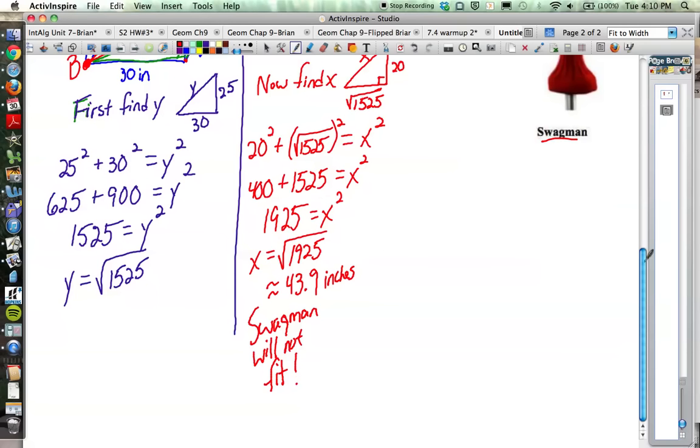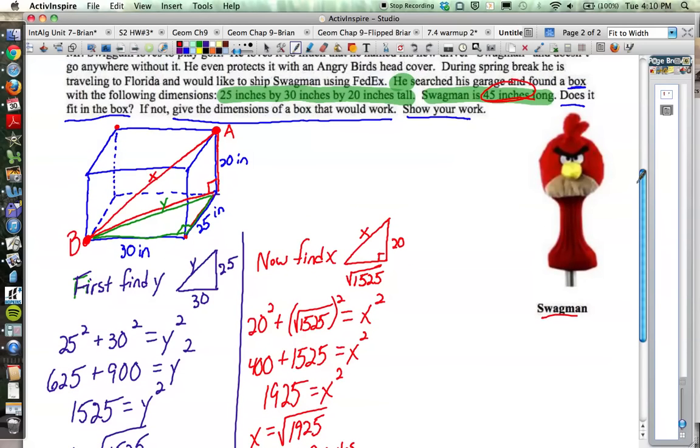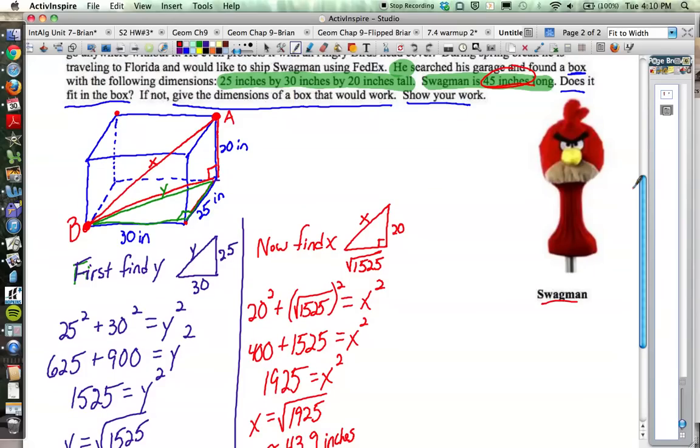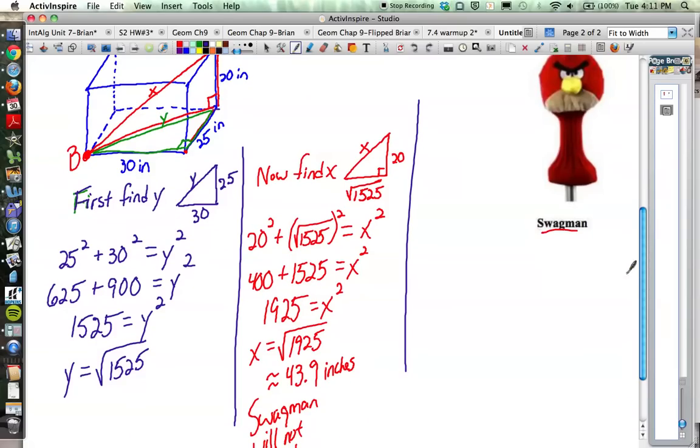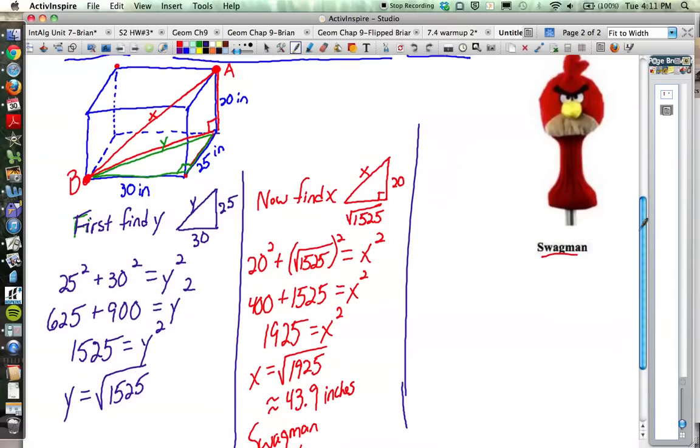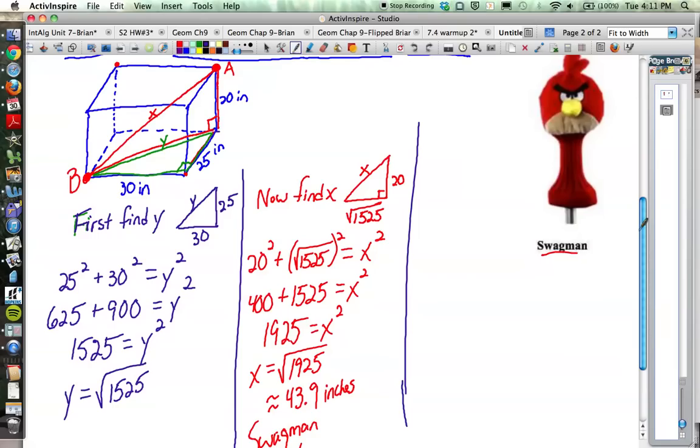Okay, but the rest of the question was, what dimensions would work? Well, I could do a number of things to try to figure out what dimensions would actually work here. I could change the 30 inches, the 25 inches, the 20 inches. So there's a number of possibilities here.